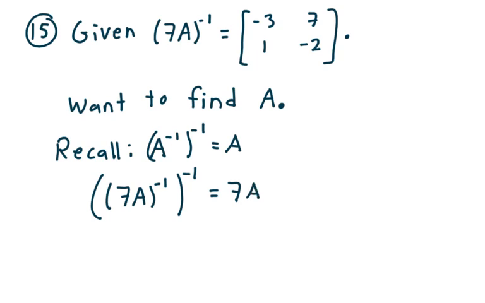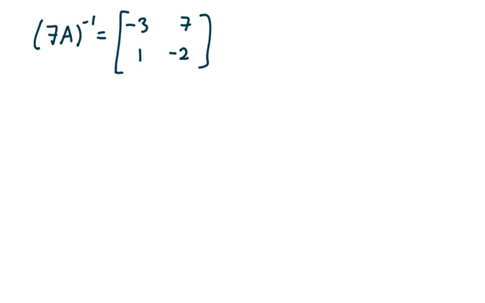That's the key to this problem. Okay? So we're going to do that first. Now, let's rewrite this. The inverse of 7A is the matrix -3, 7, 1, -2. Okay? And I want to find 7A. But that's the inverse of the matrix -3, 7, 1, -2.